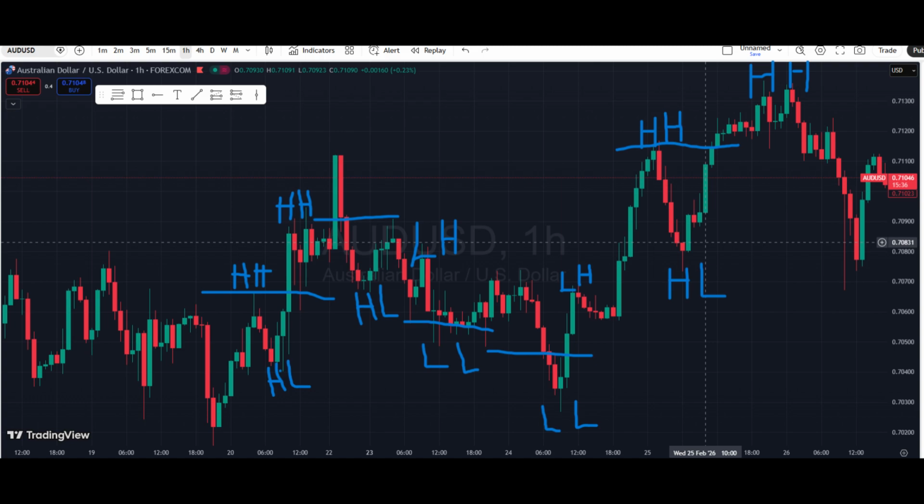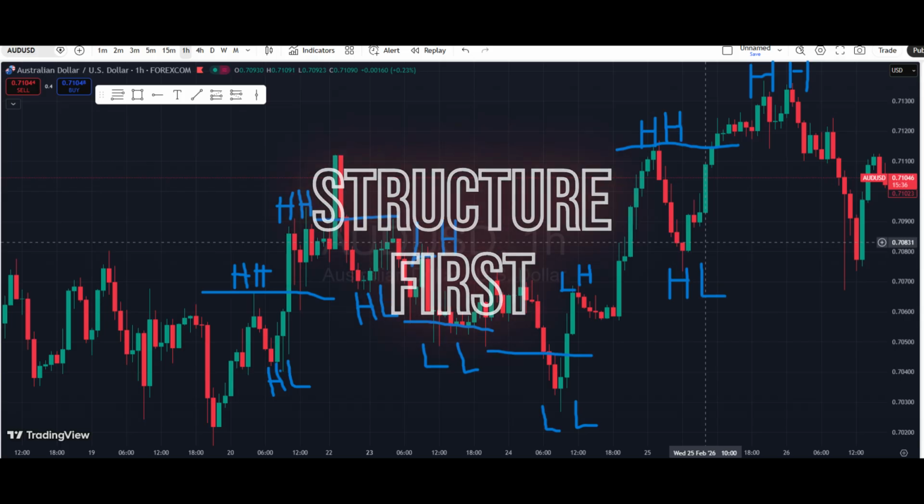Did price break below the last low? We say it's bearish. That's how you define your bias before liquidity, before order blocks, before entry.